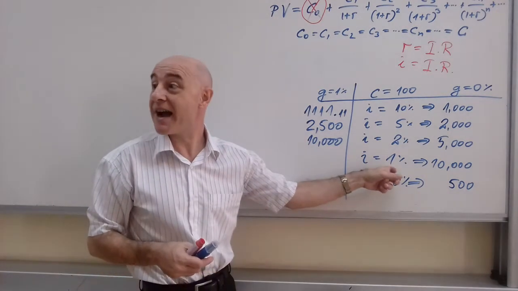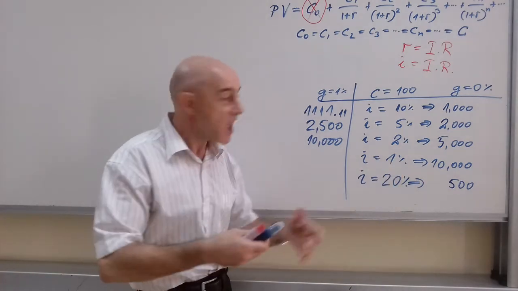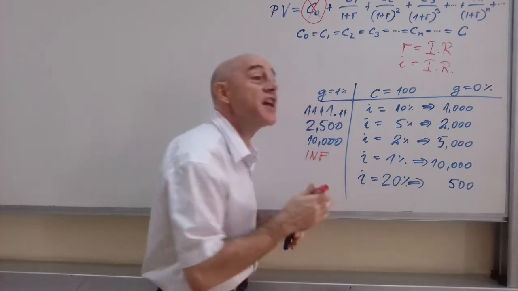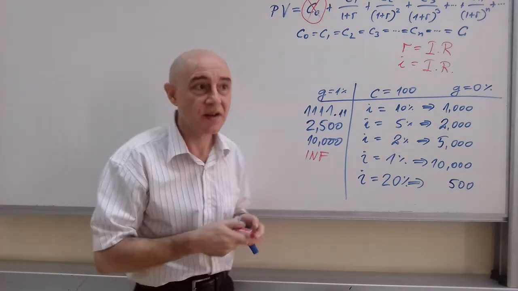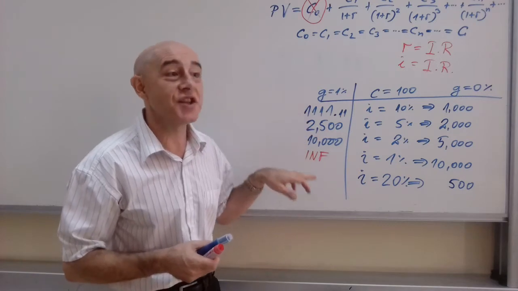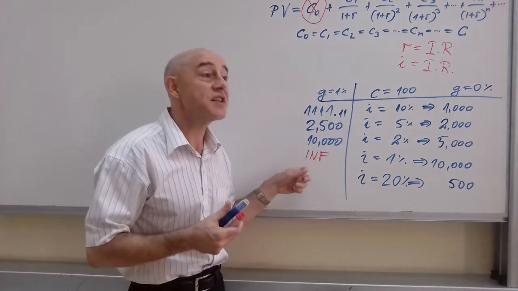1% discount rate, 1% growth rate: infinite. It means it is impossible. Guys, please pay attention. It is impossible to grow faster than the discount rate.